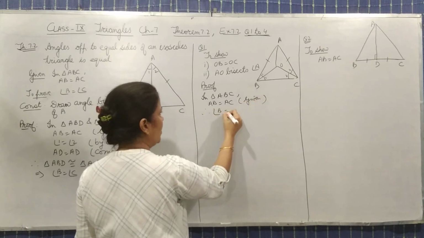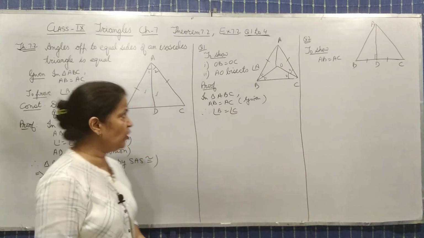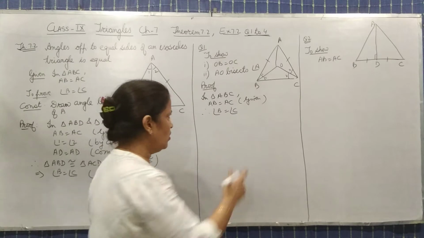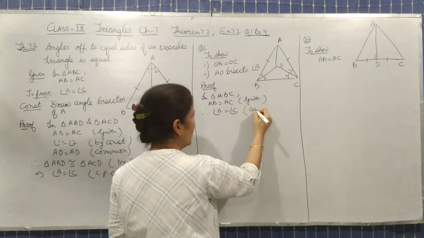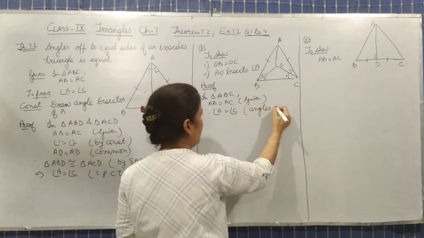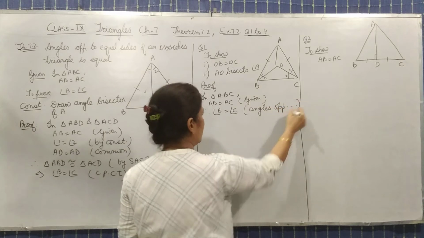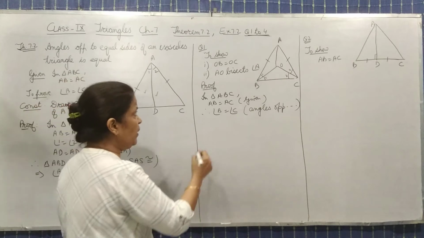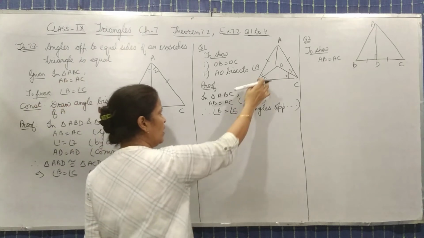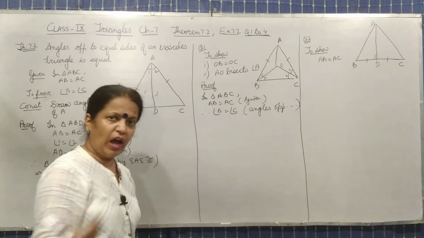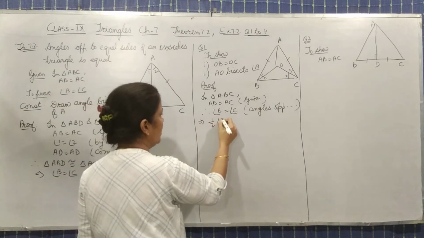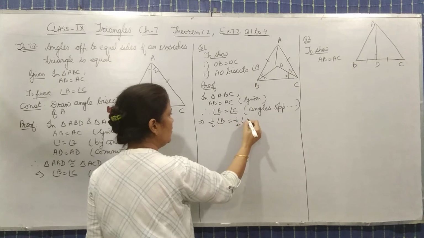Therefore, angle B equals angle C, according to the theorem: angles opposite to equal sides of an isosceles triangle are equal. It means if angle B equals angle C, then half of it will also be equal. So this implies half angle B equals half angle C.